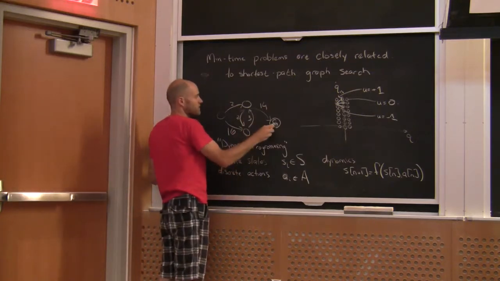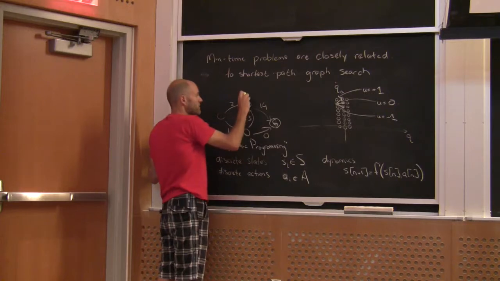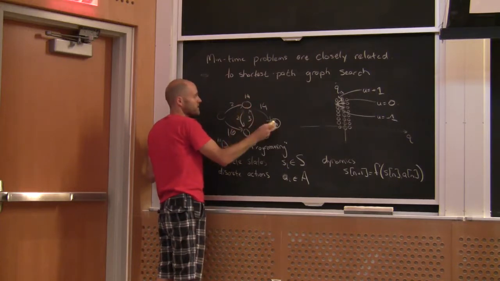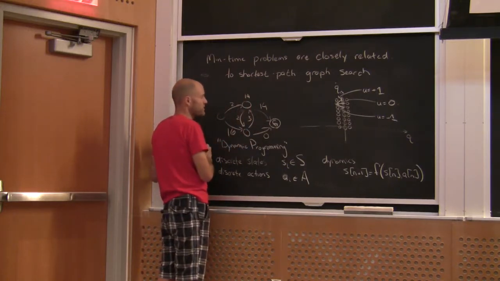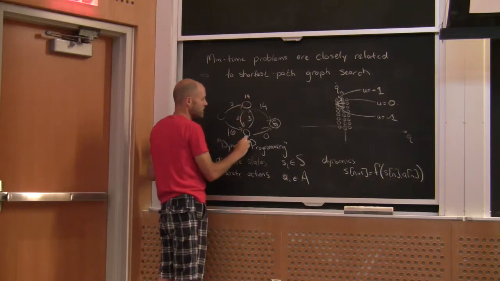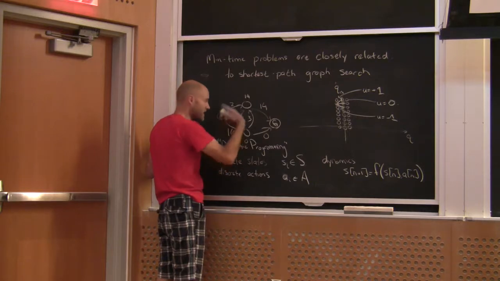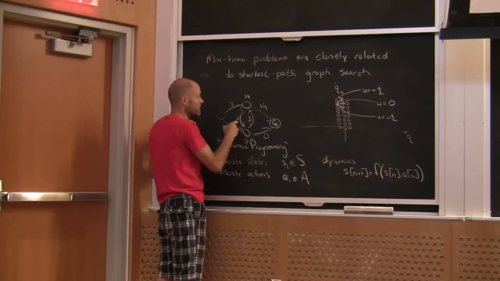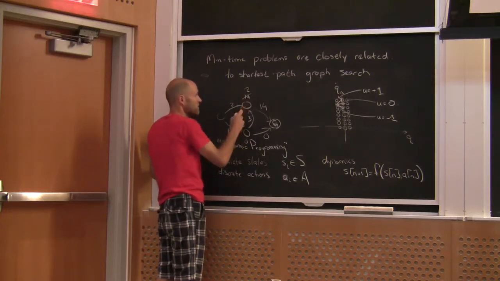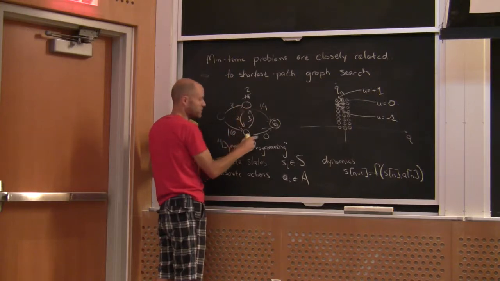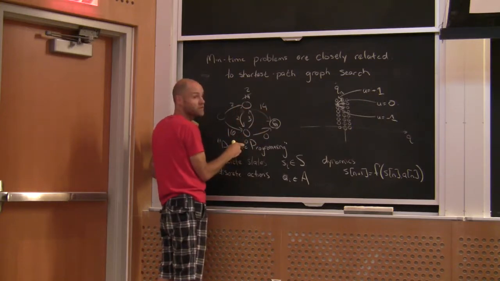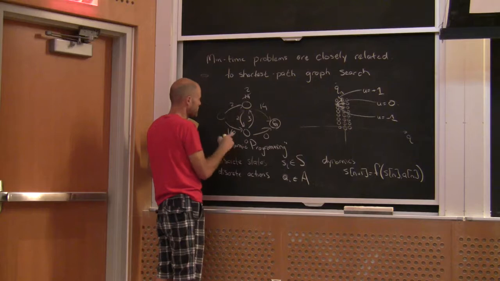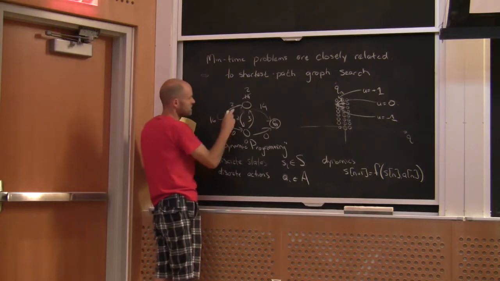After a single step I could get from this one to here with a cost of only 14, and this one I could get there with a cost of only 0. On the next pass of the algorithm, I'll realize that if I could have gotten here and scored 0, and it only cost me 2 to get there, then somehow I must have a 2 here. This one stays 0. That's still the best thing I could do, right? And then this one is going to have a cost of 16.